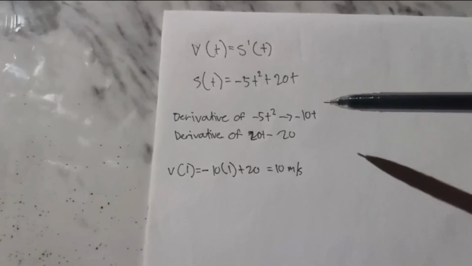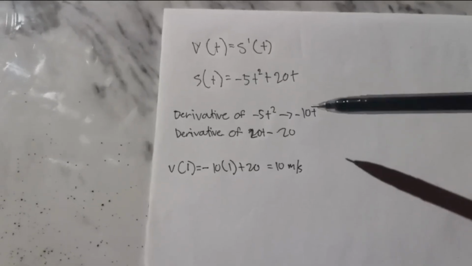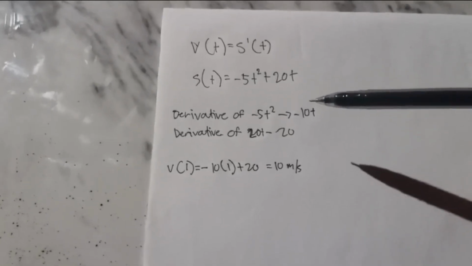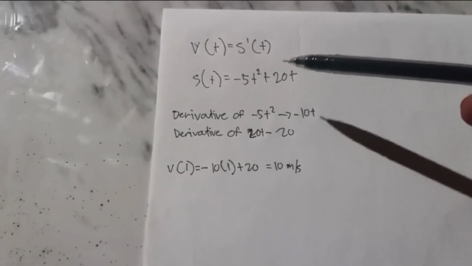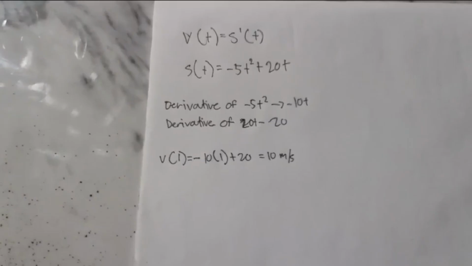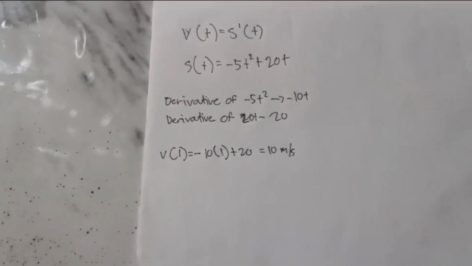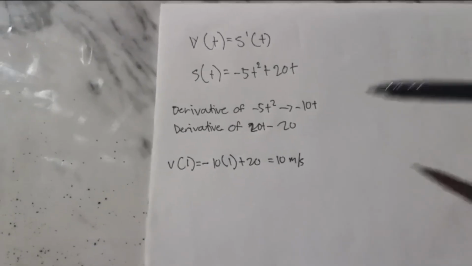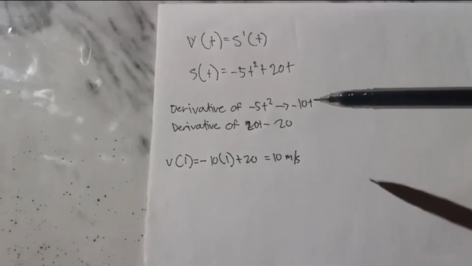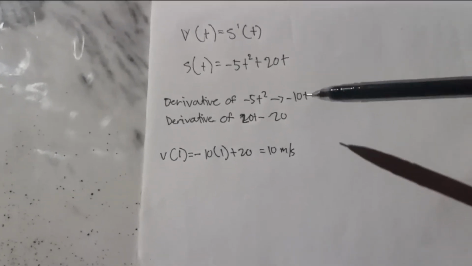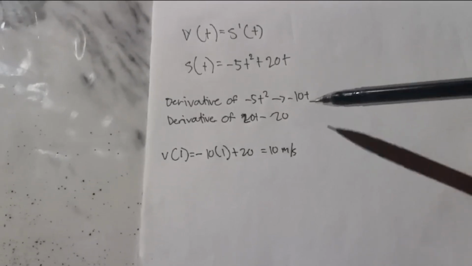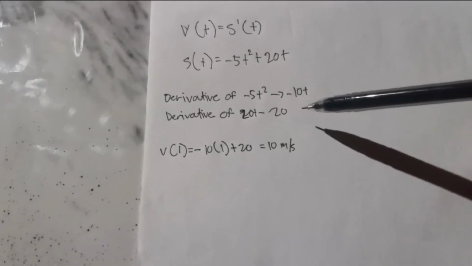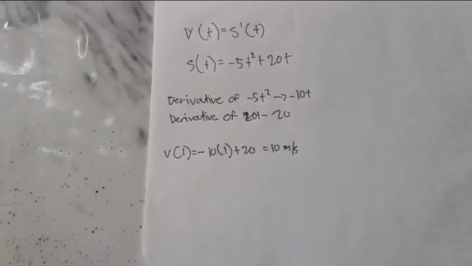Instantaneous velocity is written as v of t equals s prime of t. So let's differentiate step by step. The derivative of negative 5t squared is negative 10t, and the derivative of 20t is 20.